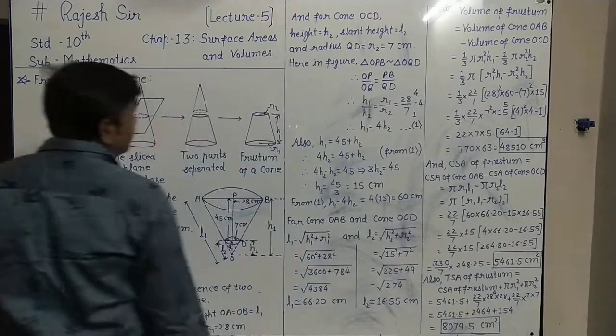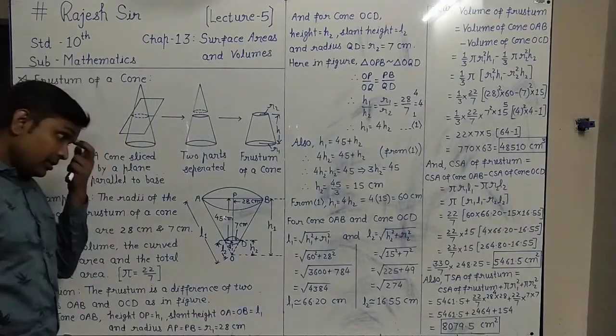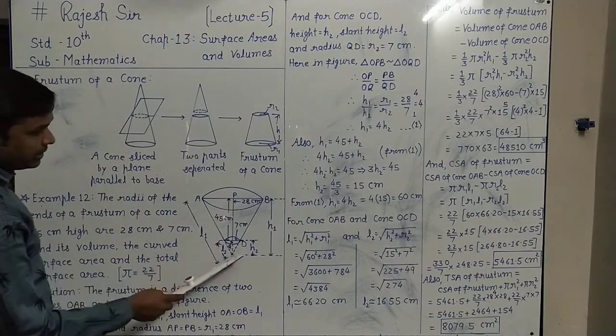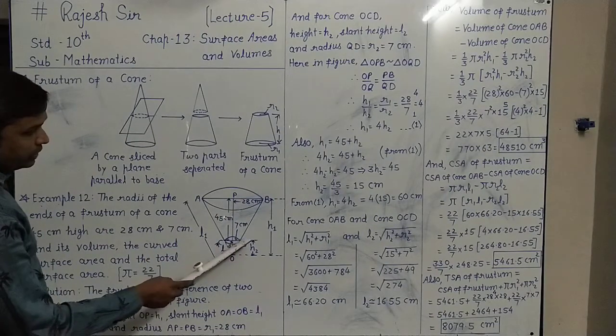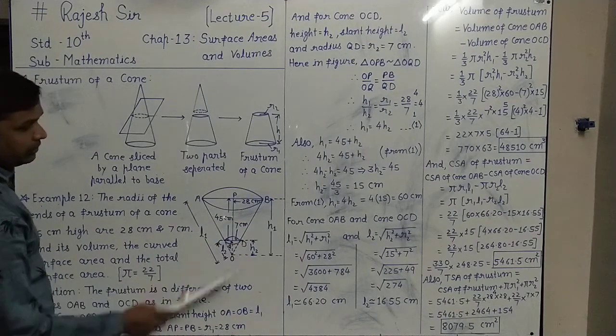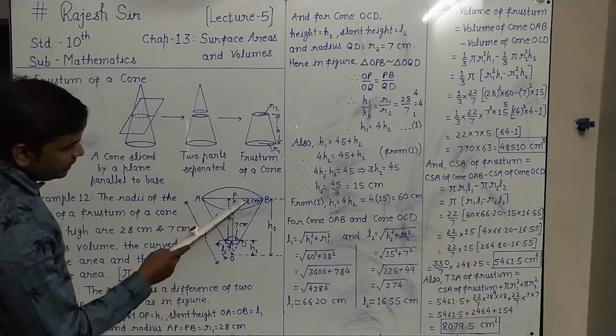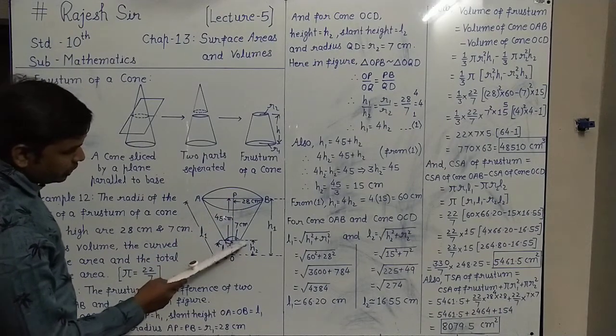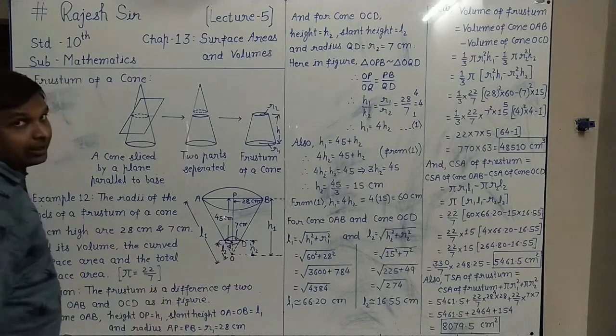Now, as we know the similarity concept, here we can see two triangles, triangle OPB, the big triangle, and triangle OQD. In both, P is a right angle in OPB, and in OQD, it is obvious that Q is a right angle.